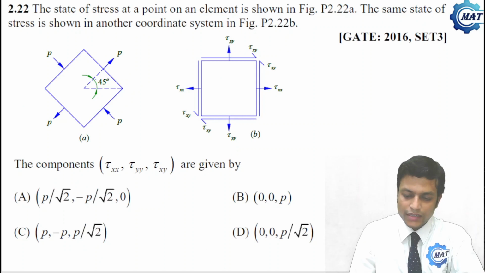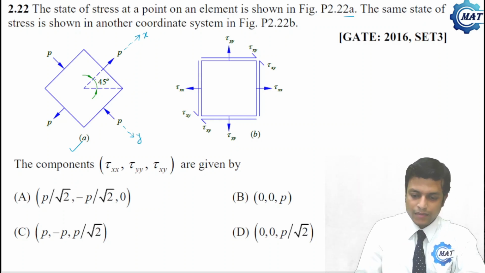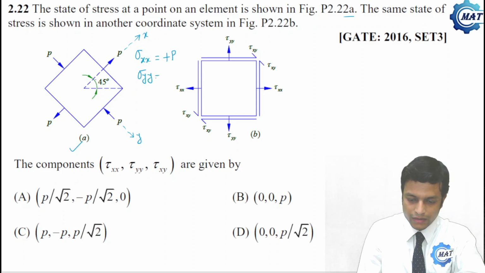The state of stress at a point on an element is shown in figure A. Say this is the x-axis and this is the y-axis. Sigma xx is plus p and sigma yy is minus p because this is compressive, and the shear stress is 0.